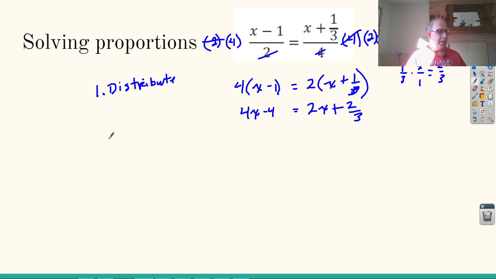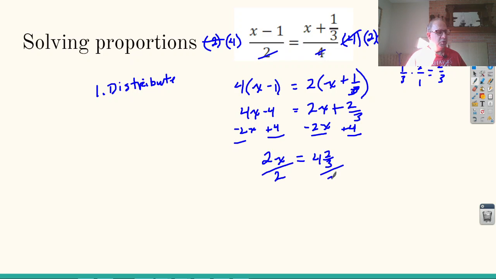And now I don't have to combine anything, so I'm going to add or subtract to move stuff around. So I'm going to subtract my 2x on both sides, and I'm going to add a 4 on both sides. So I've got 4x minus 2x is 2x. 2/3 plus 4 is 4 and 2/3.